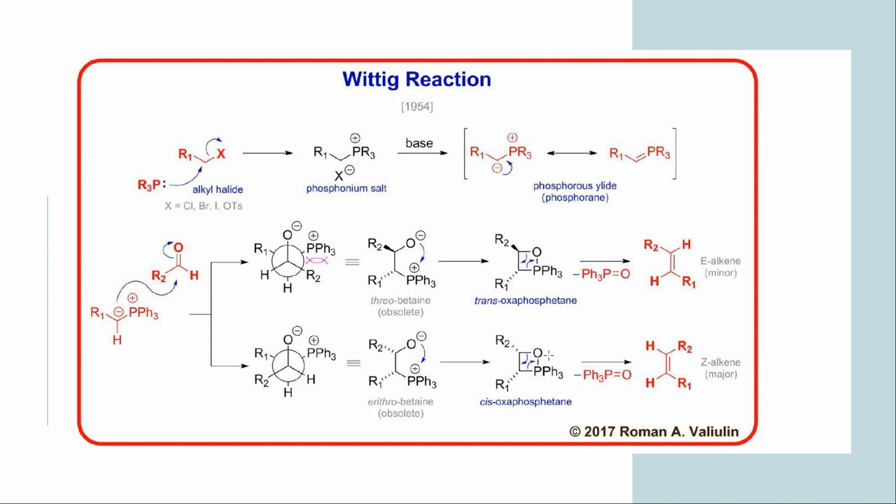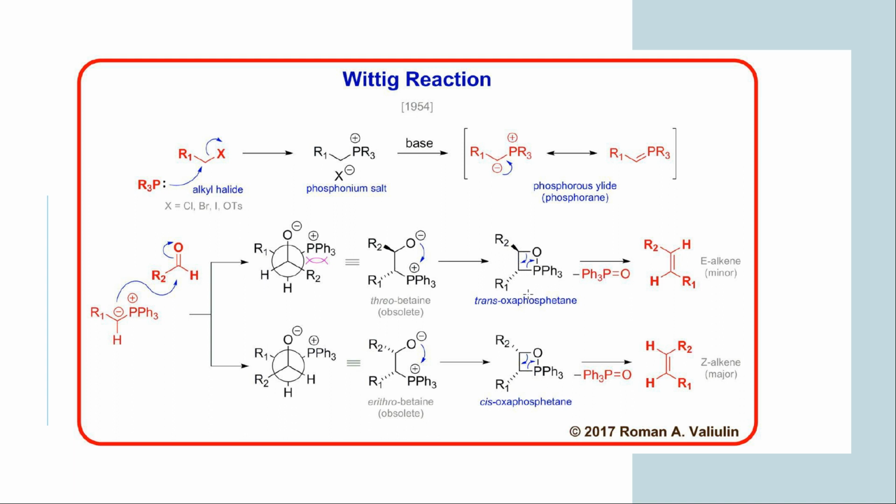Okay, by the reaction of phosphorus ylide and carbonyl compound, you get a four-membered highly strained oxaphosphetane intermediate, which leads to the formation of alkenes in the reaction. Okay, and this is a well-known reaction condition for the conversion of carbonyl compounds into alkenes.